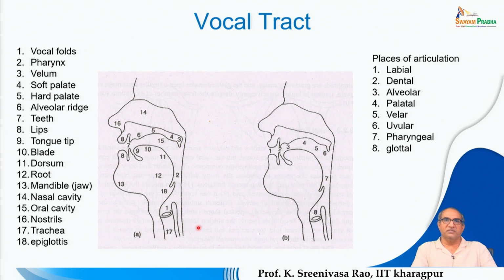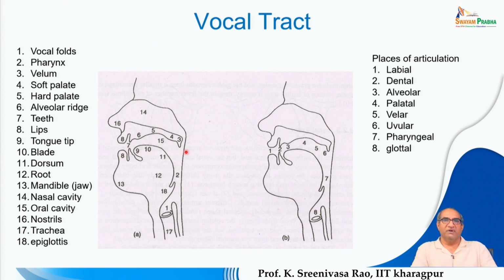The first is numbered as the vocal folds, and then 2 is the pharyngeal cavity, which is what I mentioned earlier: from the vocal folds till the third one, that is the velum. Till this point is known as the pharyngeal cavity, right, and then 3, 4, 5, 6, 7, 8.